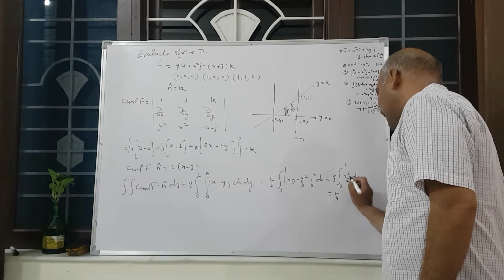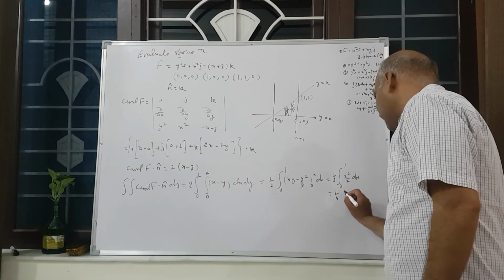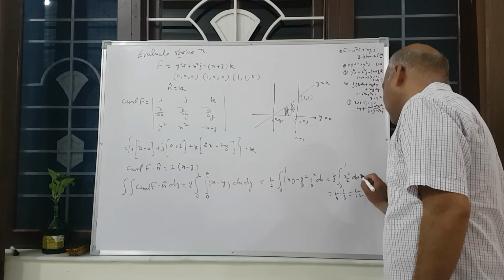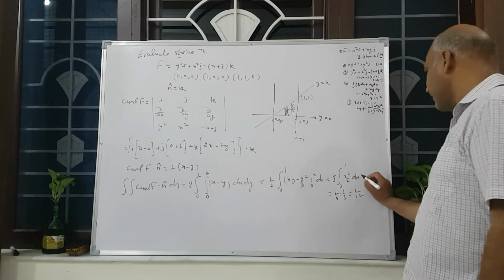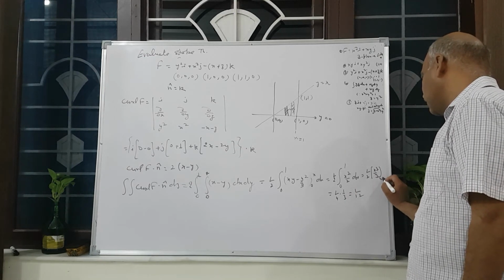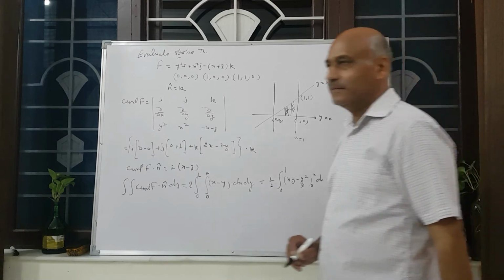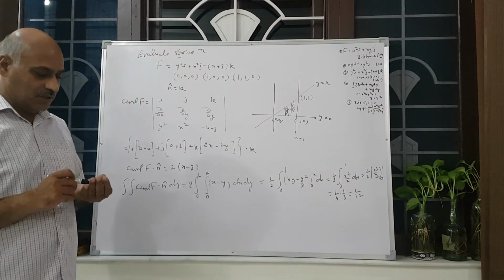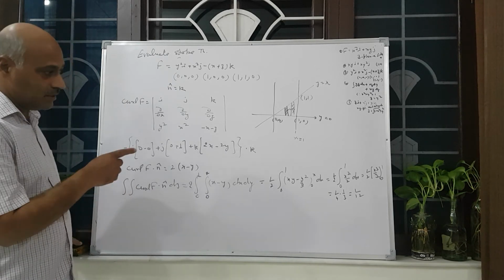So 1 by 4, x cube by 3 means 1 by 3, x cube by 3, 0 to 1. So the value of this one, f dot dr by Stokes theorem, curl f dot n cap is 1 over 12.